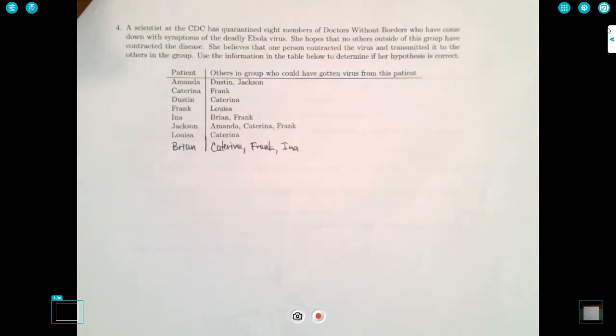Only we're not dealing with the Ebola virus right now, we're dealing with COVID, right? Anyway, she hopes that no others outside of this group have contracted the disease. She believes that one person contracted the virus and transmitted it to the others in the group. Use the information in the table below to determine if her hypothesis is correct.